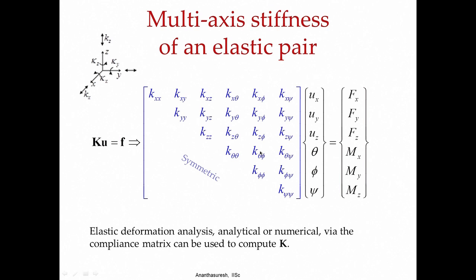That is how it is in the kinematic pair. For an elastic pair, if I say rotation about the x axis, k theta will be small but not 0, finite but small. Others are not infinite, but they will be finite and very large, and that is how one has to design elastic pairs.